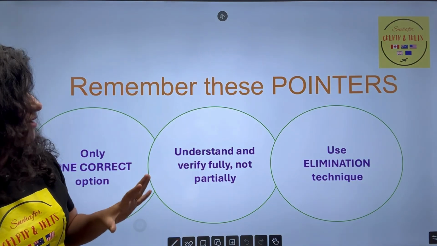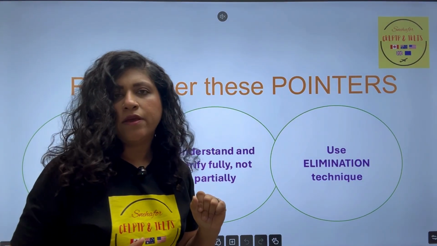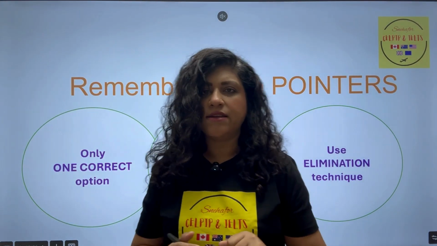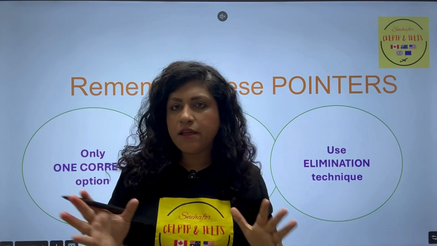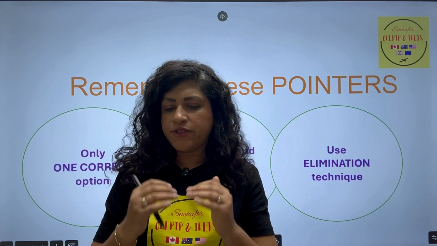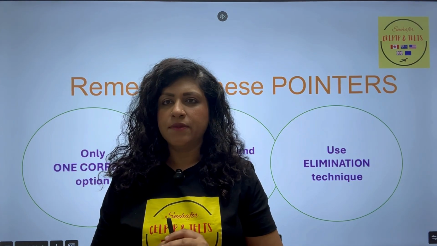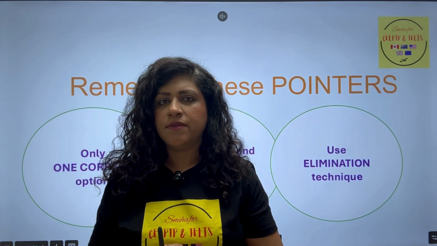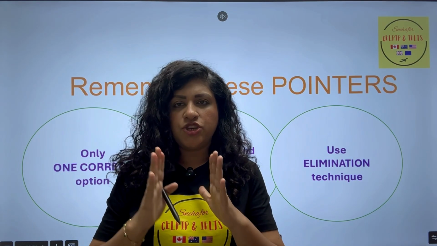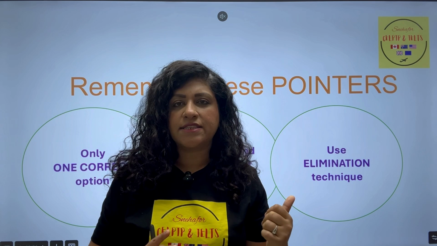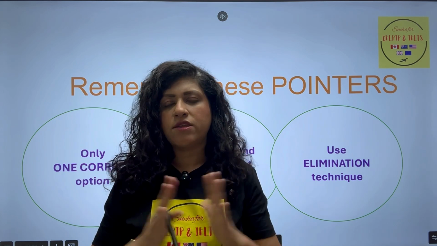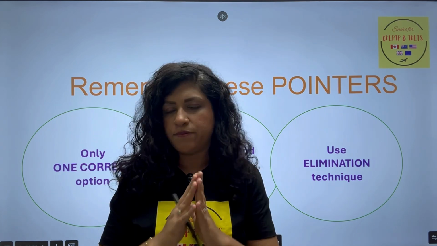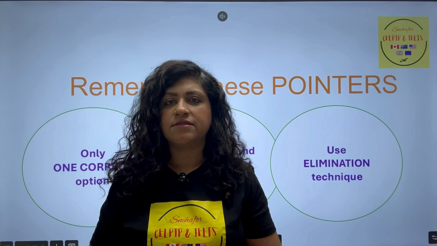understand and verify fully, not partially. Now here, what I mean to say is that when you're reading the question, and after that you read the options, then you refer to the text to find the correct answer. So while matching your options with the text, do not rush towards marking the correct answer.